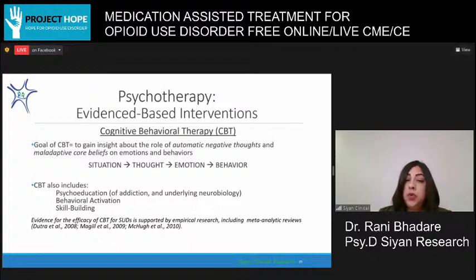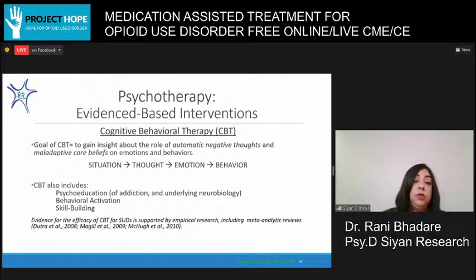It helps, and by doing that, I think it increases their insight and self-compassion, and sometimes as a byproduct decreases their stigma around taking medications, whether that's MAT medications or SSRIs and so forth.